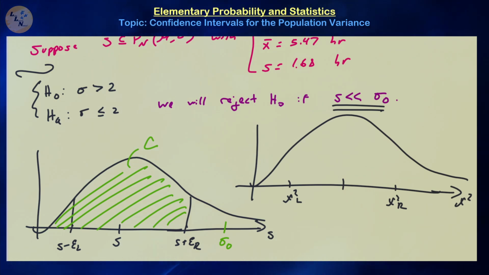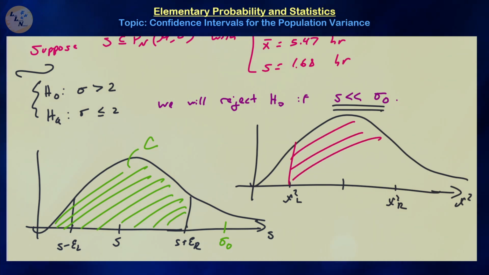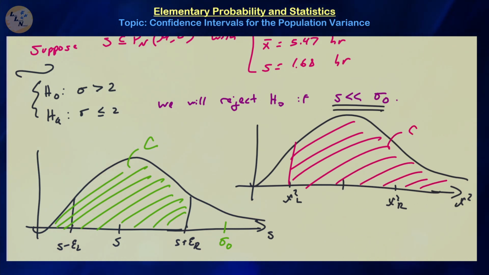So if our confidence is on the left in the normal standard deviation domain world, that means our region of confidence should be on the right of the chi-squared world. So this is going to be equal to C. Therefore, the only number that we need to find is the chi-squared L number. If you get this backwards, eventually you will realize that something is not going to make sense. Let's see if we can pick up on where that would occur.